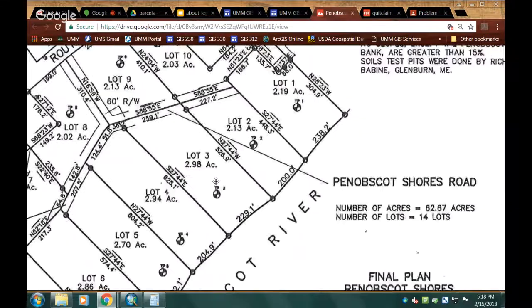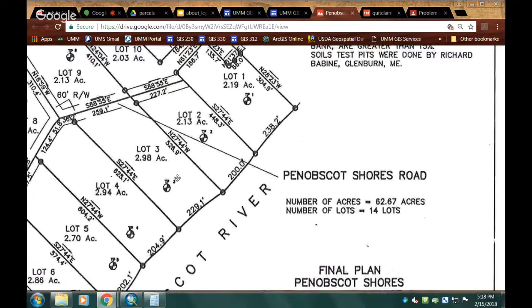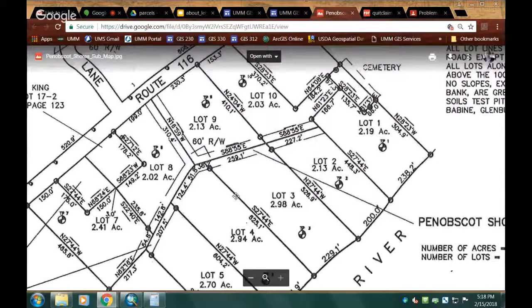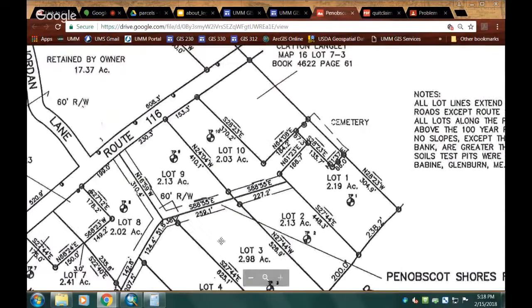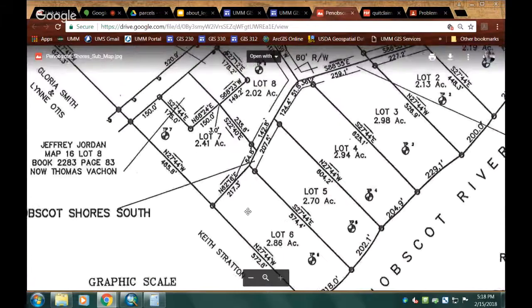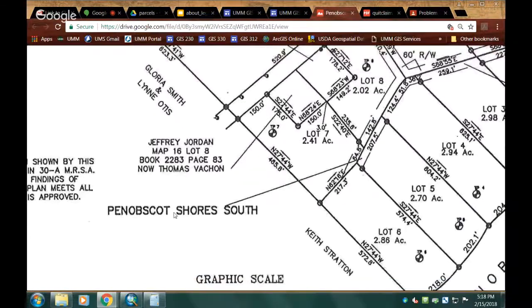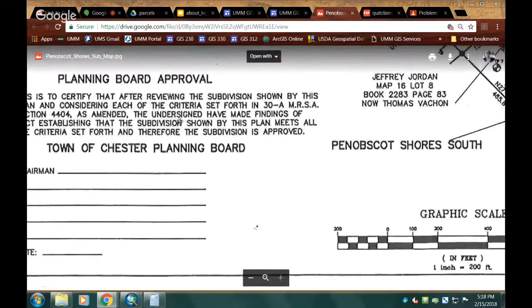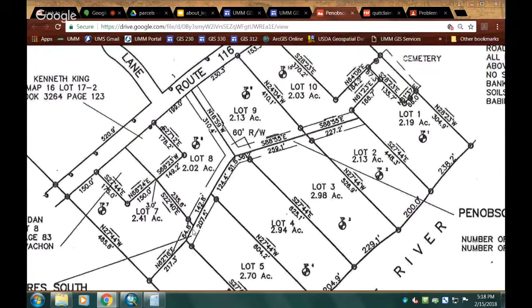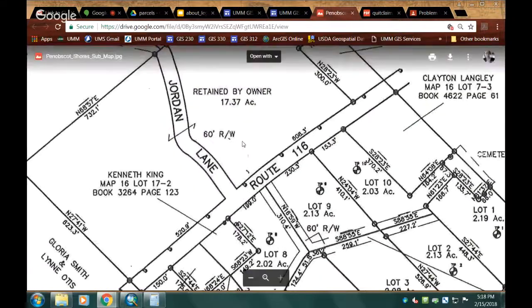Let's see this. So this doesn't have the width of the road here. I don't see it, but that's common to have listed somewhere else. And they may have another map somewhere with that information, a closer one.